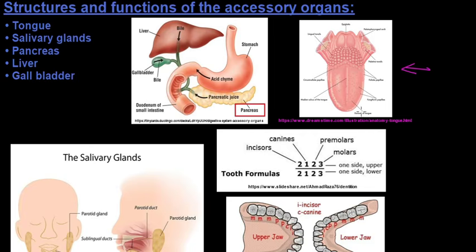The main function of the tongue is that it serves as a taste organ, but it also assists in the chewing process by pushing and pressing food against the hard palate and between the teeth, making sure everything gets nice and mixed. It also ensures the mixture of food with the saliva, and it helps with rolling the food into a bolus and then pushing that to the back of the throat so it can be swallowed.